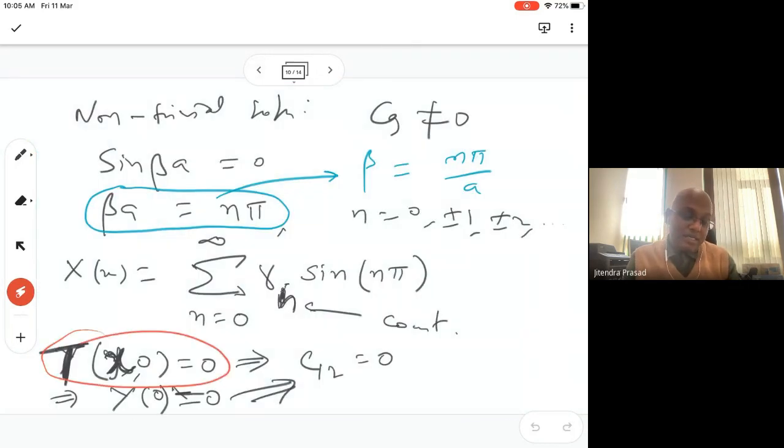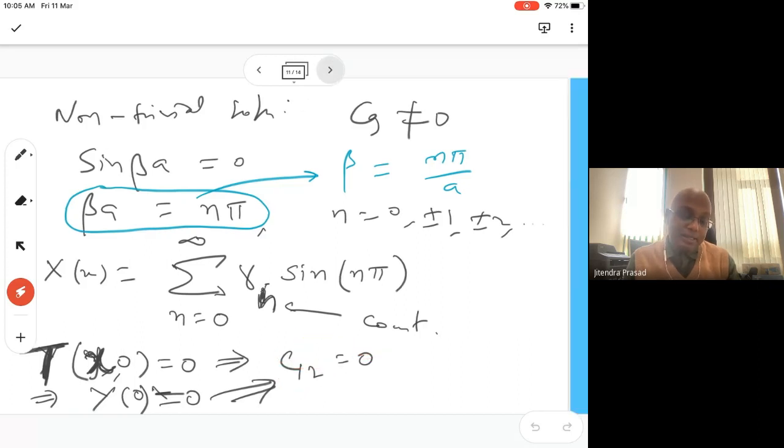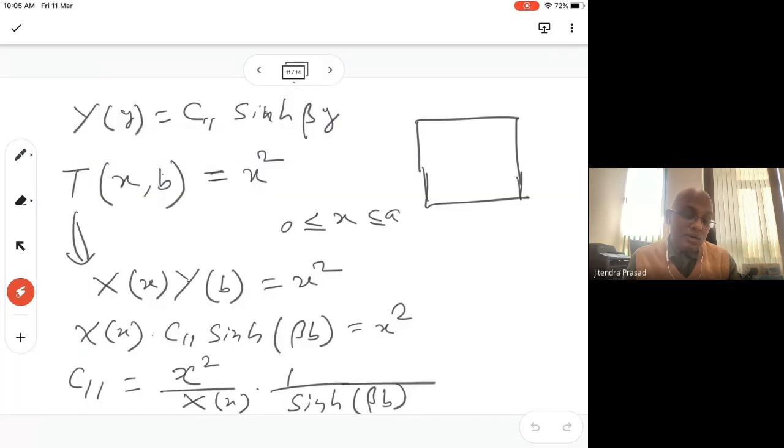We did the analysis here. The first boundary condition, T(x,0) has to be equal to 0, so that makes the coefficient of cos equal to 0, and the other boundary condition at y equal to b is given by this. At y equal to b, the value is T equal to x square.